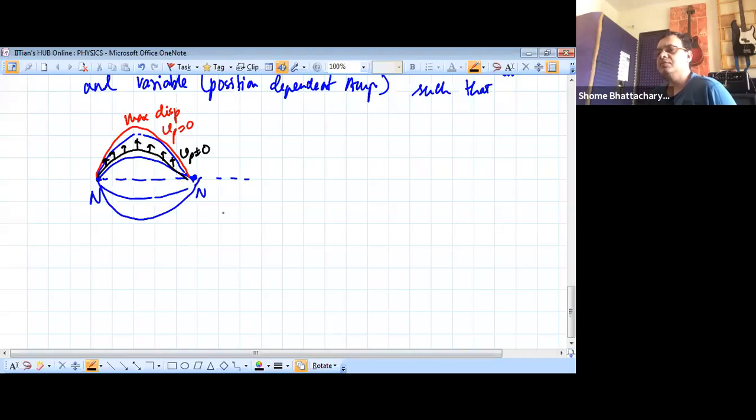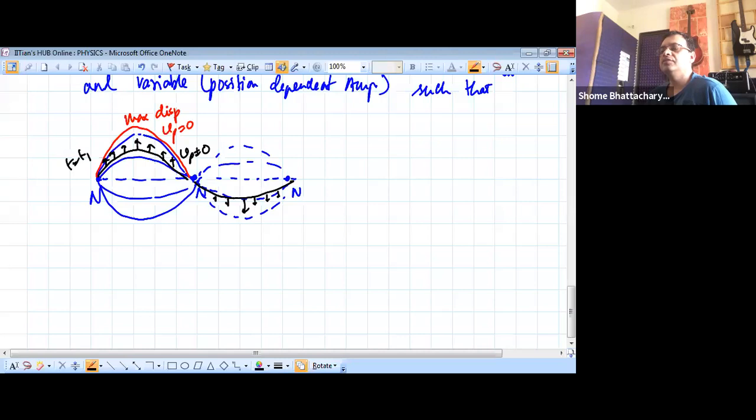Now, compare the particles between the first and second node to the particles between the second and third node. They are oscillating like this as time progresses. At a particular instant t equal to t1, if this set of particles was here, then this set will be somewhere over here.